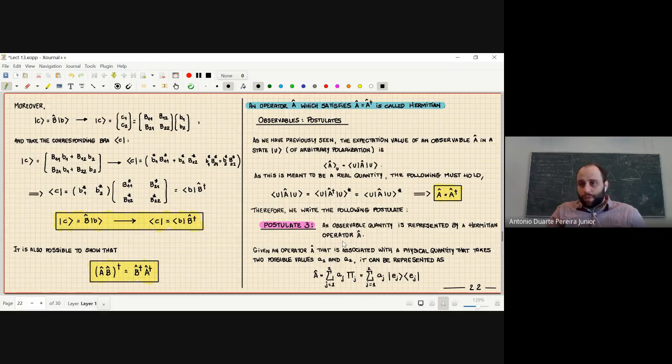If the operator is not Hermitian, then it cannot define, in principle, an observable. So every time that I speak about an observable, namely polarization or energy or position, momentum, angular momentum, all of that, these will be represented by a Hermitian operator. Good.